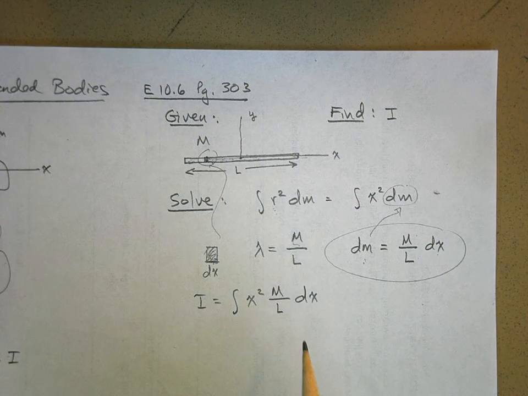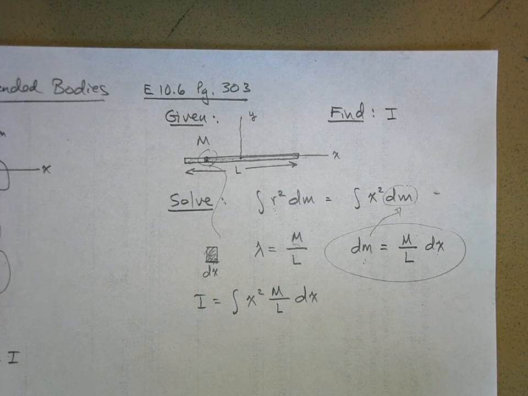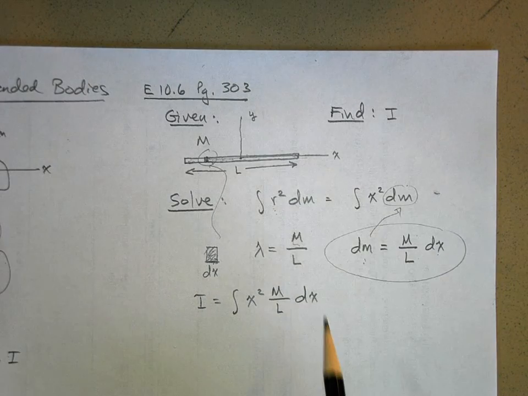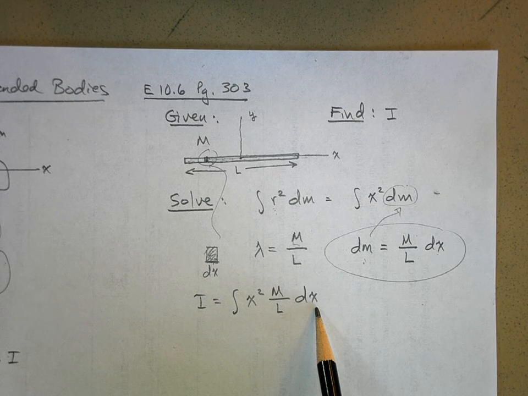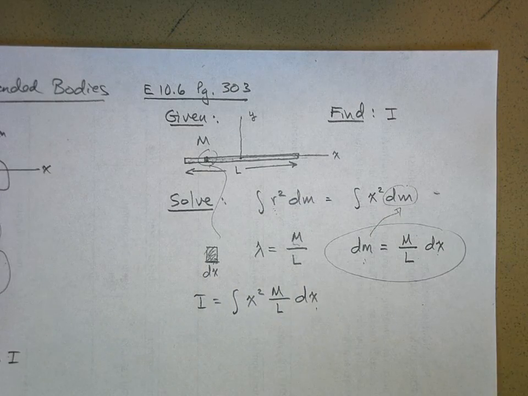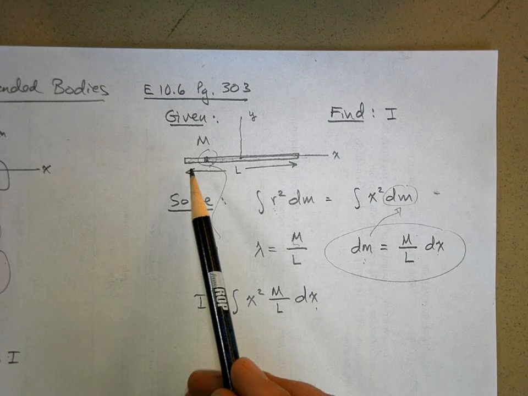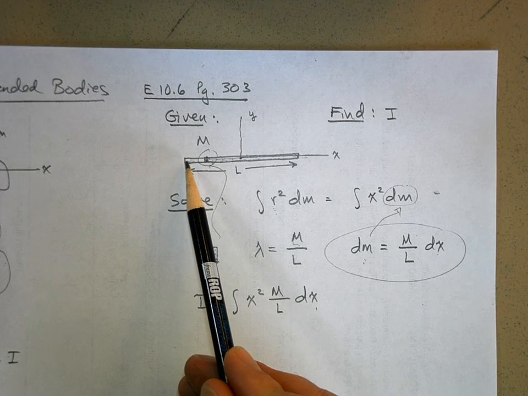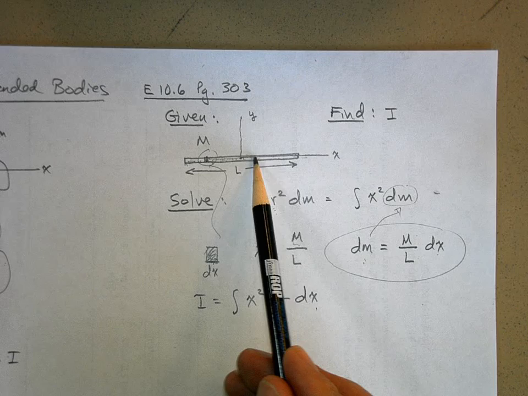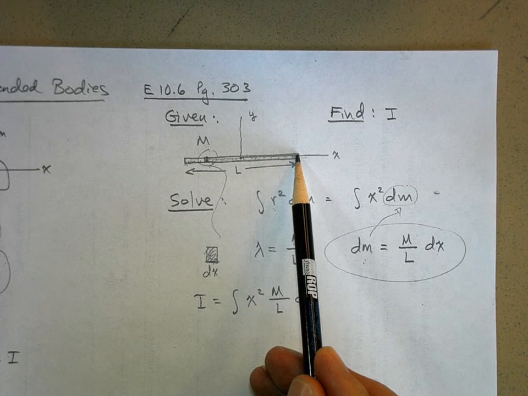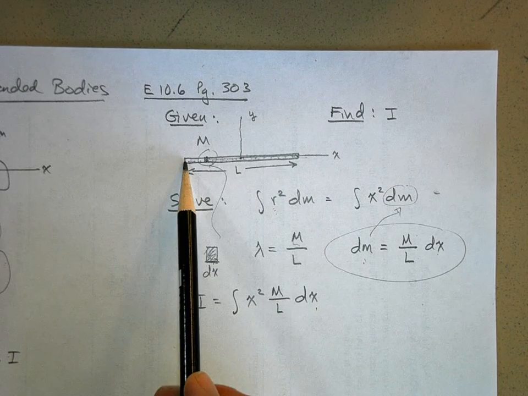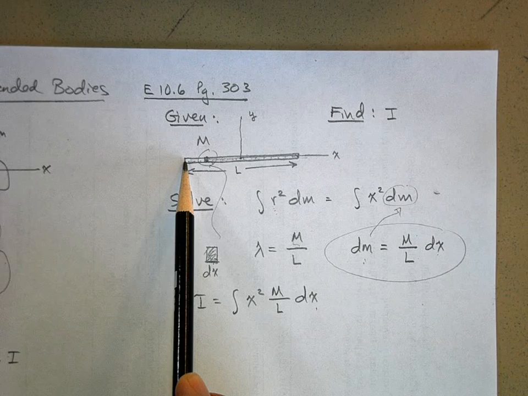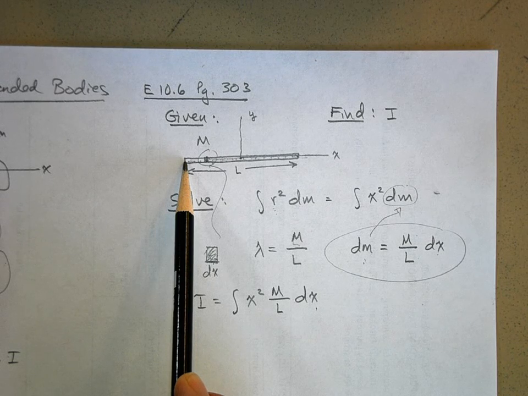I now have to think about where I'm going to integrate, from where to where. Now we're in terms of x. So where am I going to start integrating, and where am I going to end integrating? Well, let's start over here and stop here. What is my position of x right here, in terms of the variables I know?